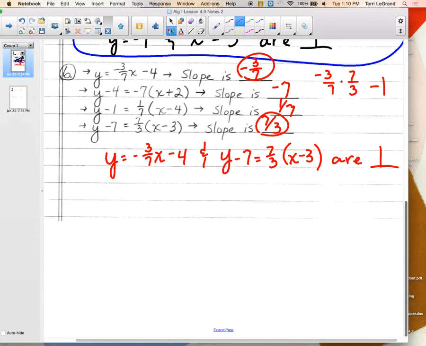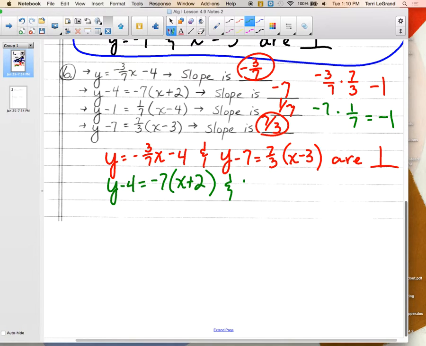Let's check it out. So we're going to do -7 times 1/7. A negative times a positive. Is 7 the reciprocal of 1/7, or vice versa? Yeah. So, you know what? I would say those two are also perpendicular to each other, not to those other guys, but to each other.